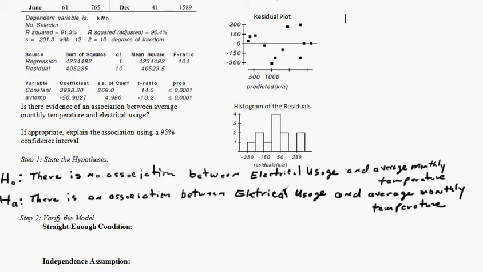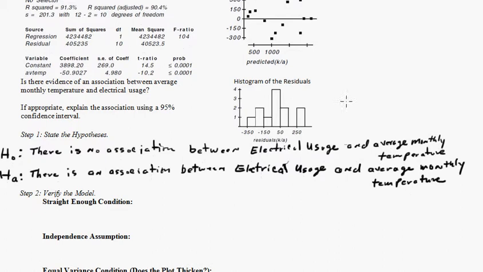So I went ahead and wrote out the hypotheses statement. The null hypothesis would be that there's no association. Here we would say that beta 1, the slope of the line that goes through the entire population, is 0. And the alternative, what we want to prove, is that there is an association.